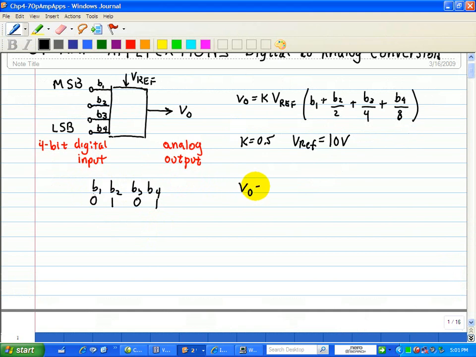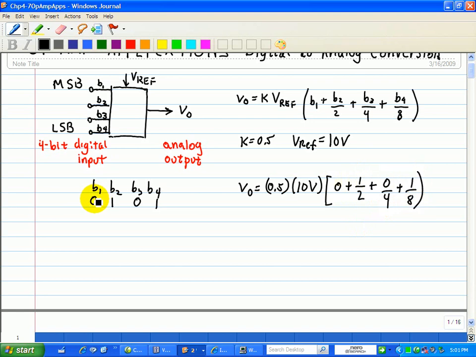So VO is equal to K, which is 0.5, times V reference, 10 volts, and then we have the following substitution: 0 plus 1/2 plus 0 over 4 plus 1 over 8.